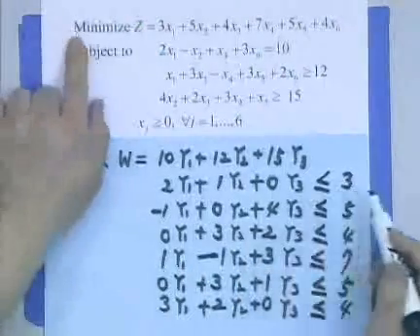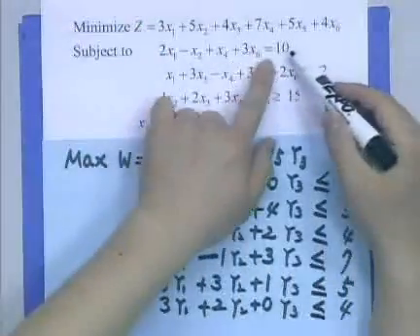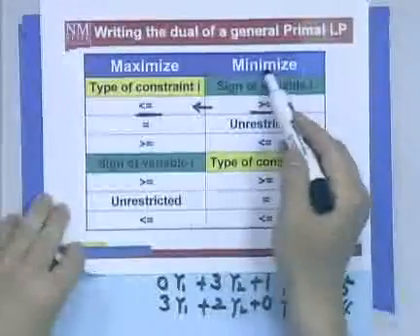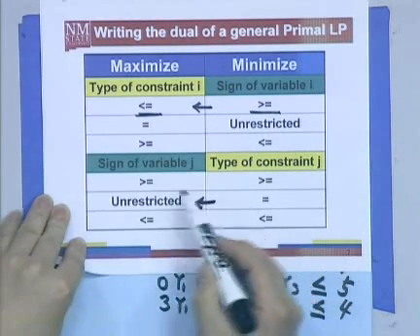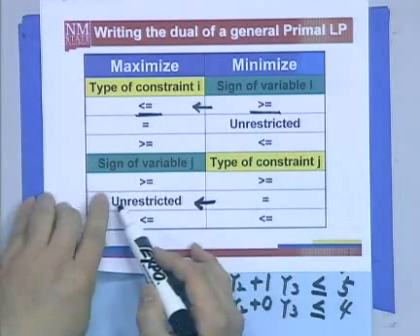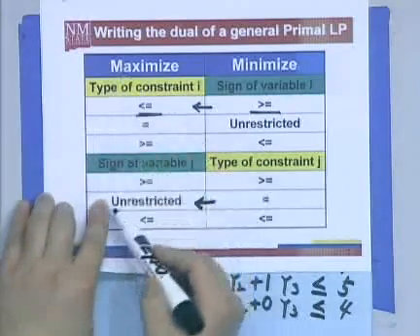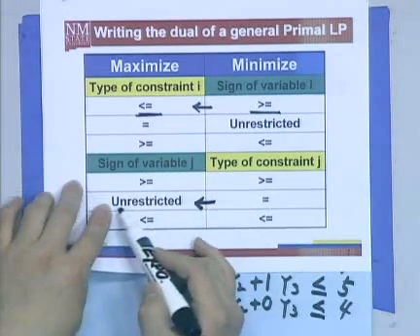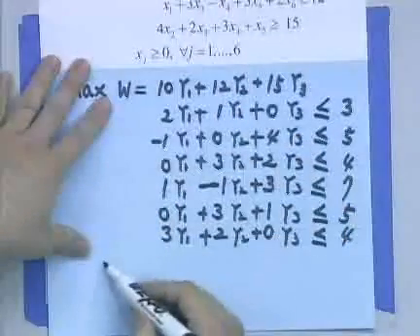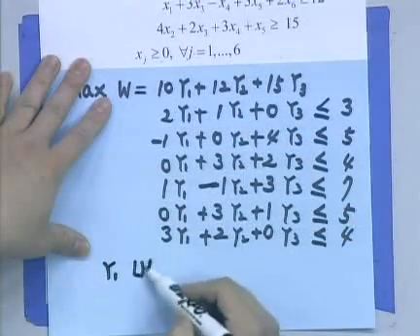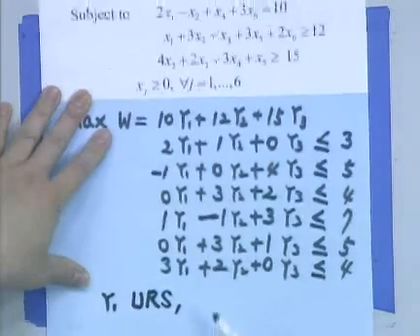And in the minimization problem, the first constraint is an equal sign, which means the first decision variable in the maximization problem should be unrestricted in sign. So y1 is unrestricted in sign.